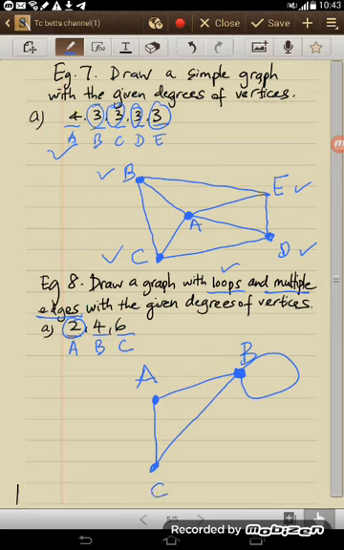Okay, C, this is, wow, 6 degree. How to do it? So maybe C will have one loop, yeah, 1 loop here. 1 loop, that means only 4. So how to make it 6?